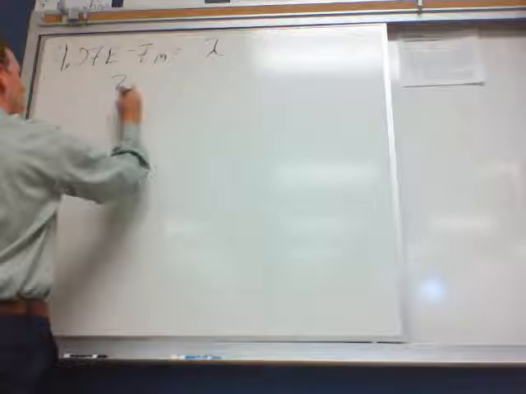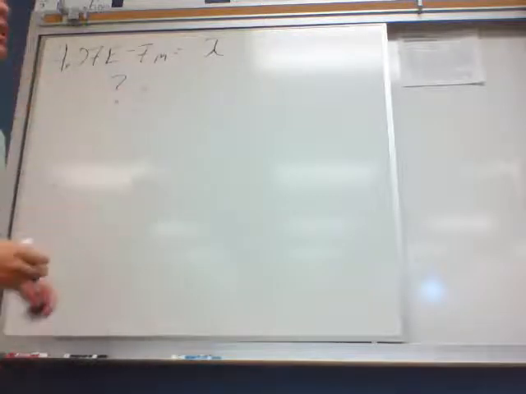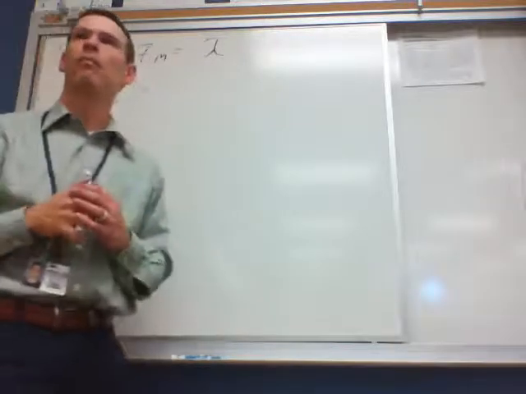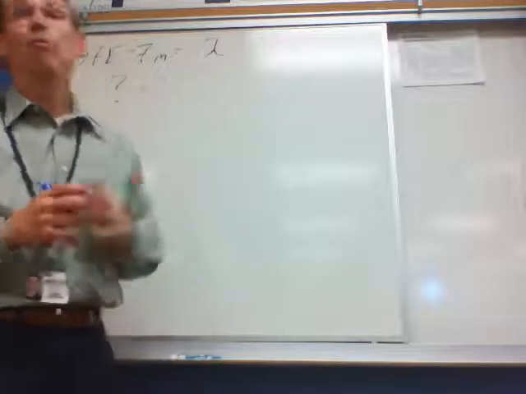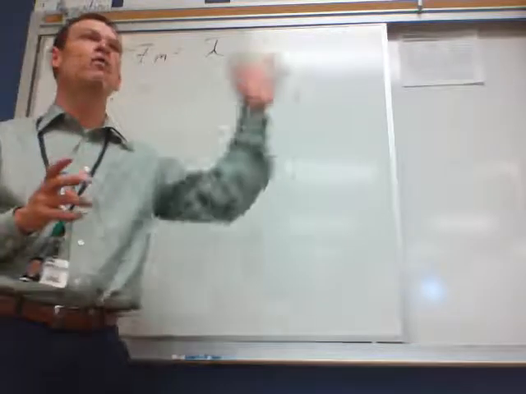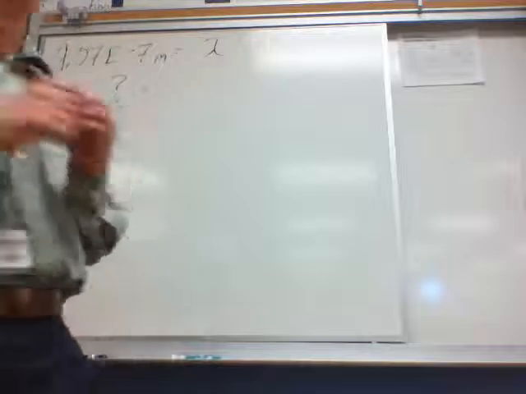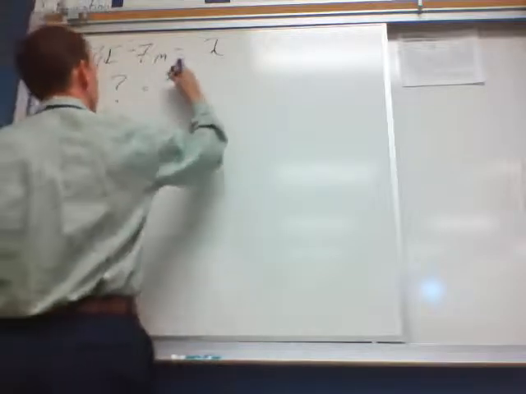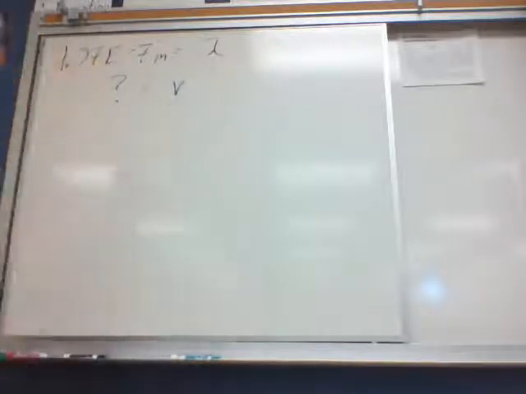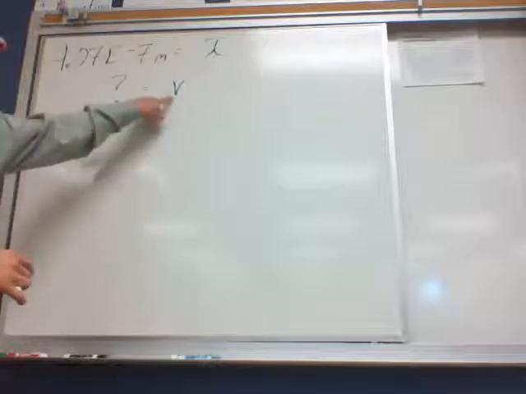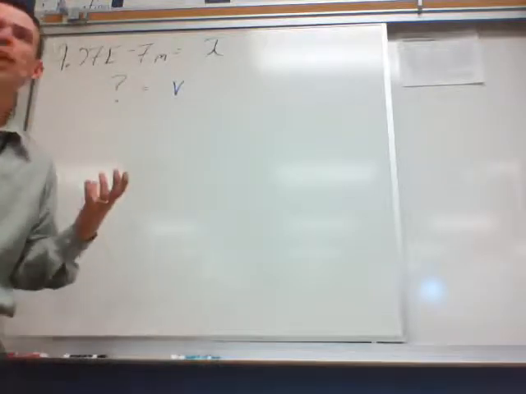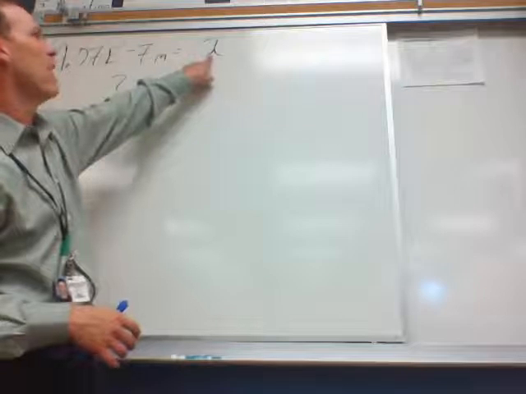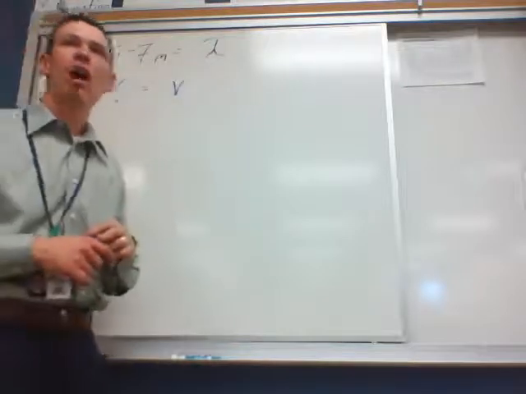All right, let's take a look at what this question wants us to find. Look up there. What does it say to calculate? Frequency. We want to find frequency. And again, if you look at the other whiteboard, the variable for frequency is V. So what we want then is an equation that says V equals, so it's solving for V, and then has that lambda, that wavelength sign, on the other side.